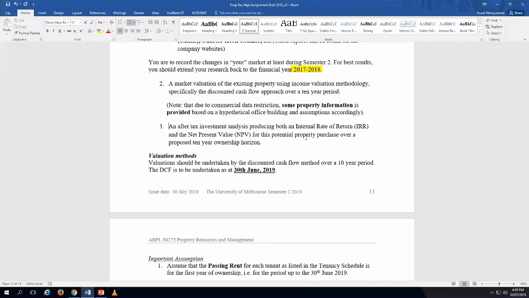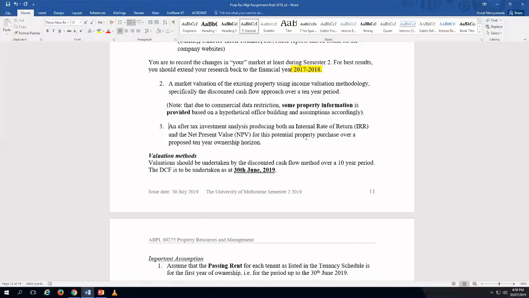So, valuation methods. Valuation should be undertaken by the discounted cash flow method over a 10-year period. The DCF is to be undertaken as at 30th June 2019. That's the valuation date. Right.